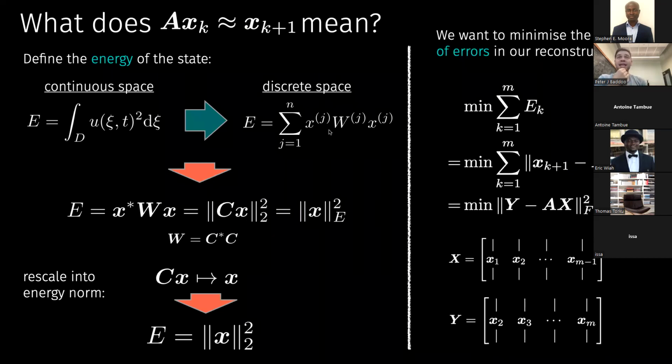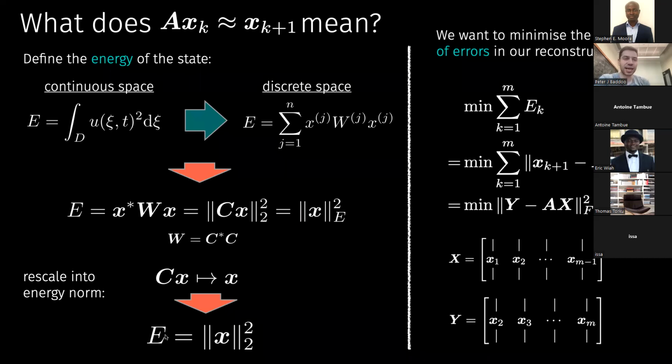So here we're saying that the energy of the state x is just given by this summation. We might need to include some weighting matrix W that accounts for certain physical scalings or the quadrature grid points. But provided W is positive definite, we can always rescale things such that the energy of the state is the 2 norm.